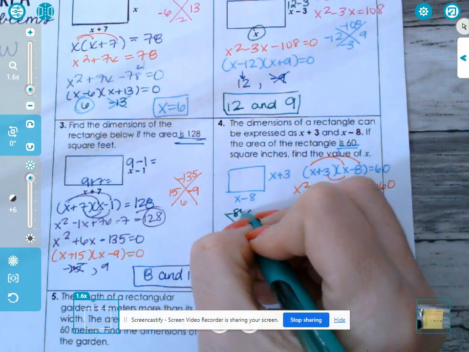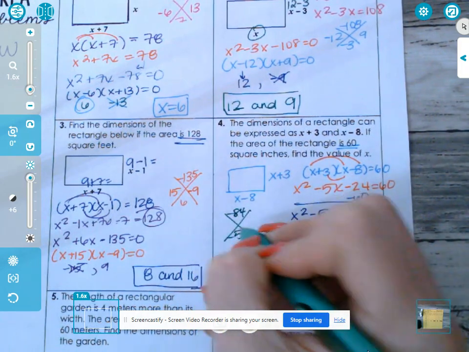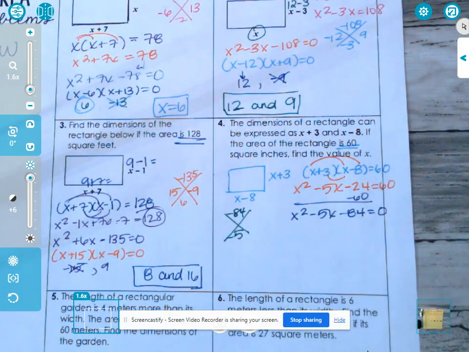And now we can x-box with negative 84 and negative 5. Okay, so you're trying to think of 2 numbers that multiply to give you 84 and add to give you negative 5.